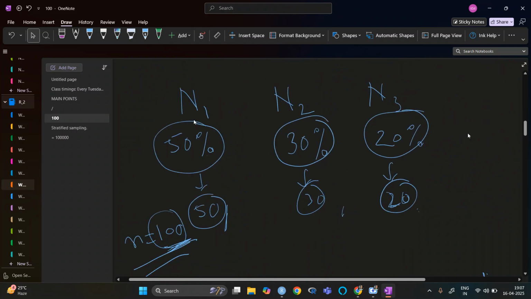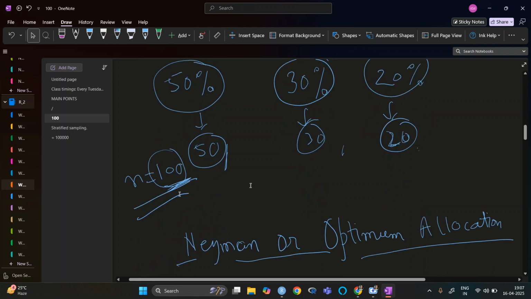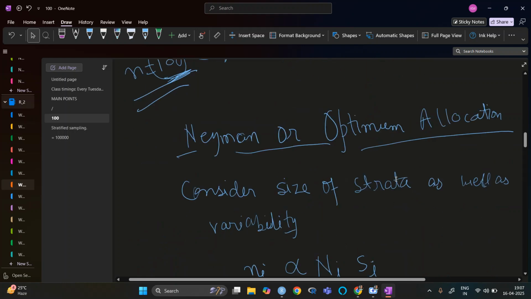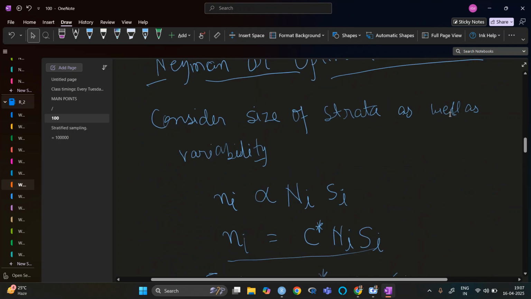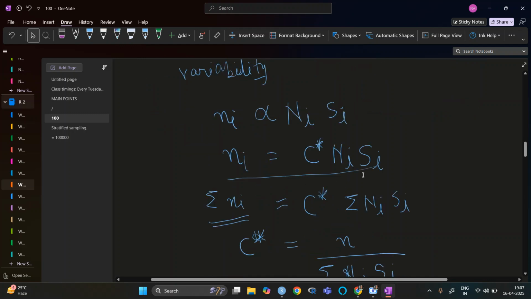So if you have 100, you can find it by this. The last one is Neyman or optimum allocation. In that, we consider the size as well as the variance, the variabilities, because we need to minimize the variability when we use this.